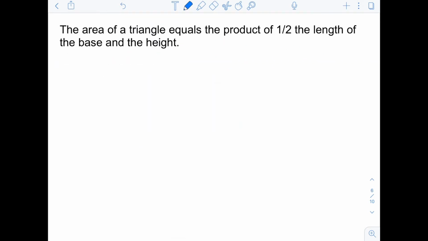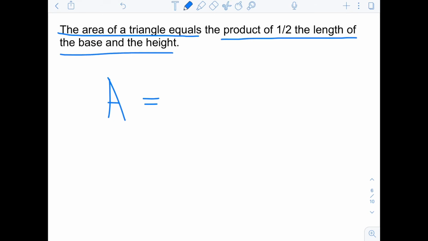Let's translate this sentence into a formula. The area of a triangle equals the product of 1/2 the length of the base and the height. Let's start with the first part. The area of a triangle equals. For area we'll use the variable a, and that equals the product of 1/2 the length of the base and the height.